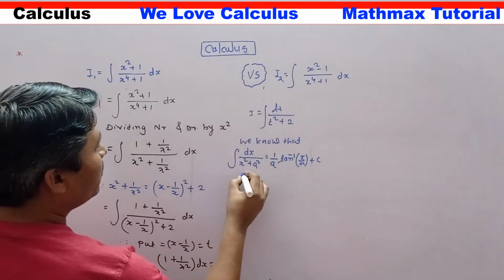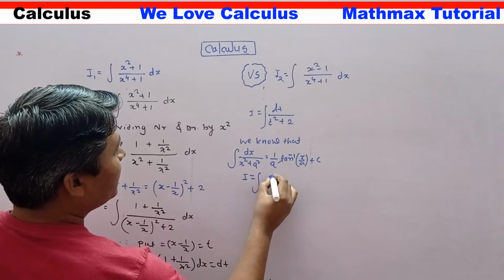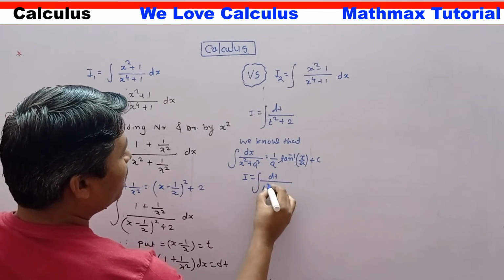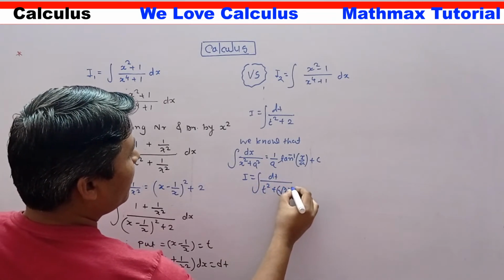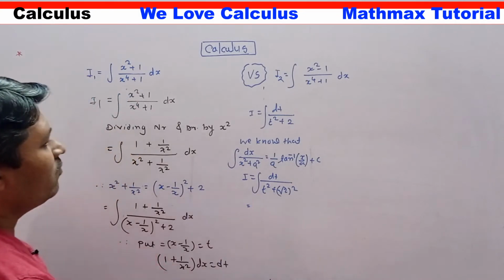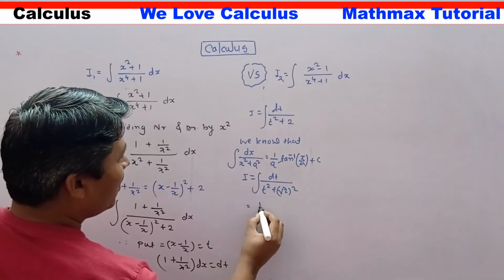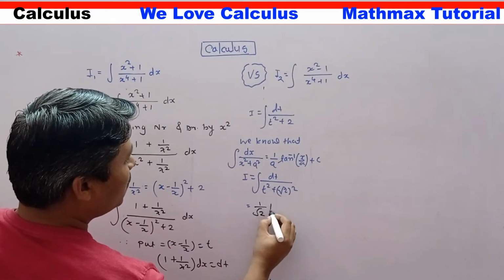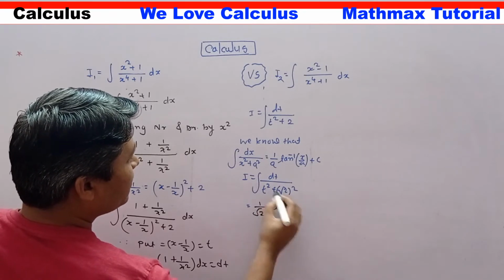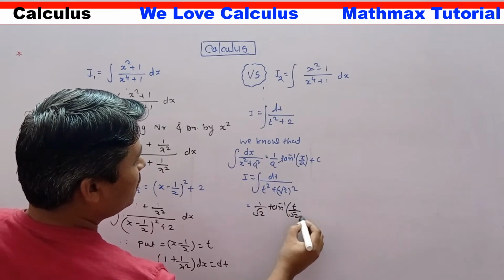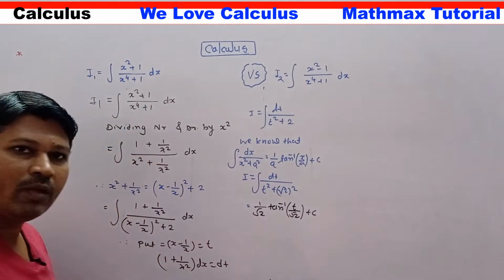Therefore this integral is the integral of dt upon (t square plus root 2 whole square), and we get the final solution as 1 upon root 2 tan inverse (t by root 2) plus c, the constant of integration.